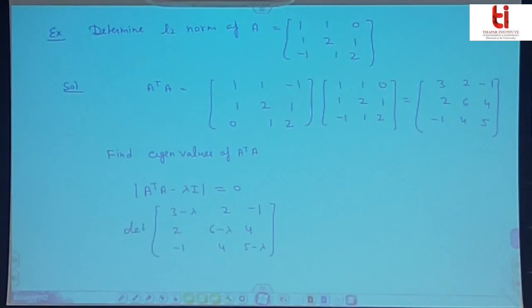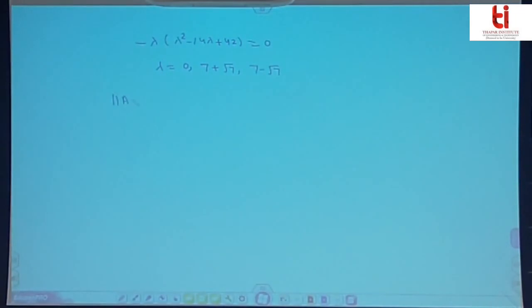The determinant of this is equal to 0. What we are getting here is minus lambda times (lambda square minus 14 lambda plus 42) equal to 0, and the value of lambda is coming out to be 0, 7 plus under root 7, and 7 minus under root 7.